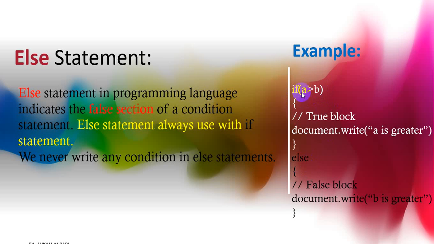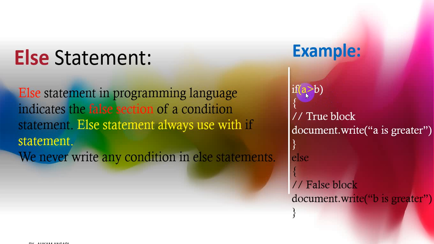I am going to check whether the value of a is greater than b. For example, put a equal to 10 and b equal to 20. Just consider the value of a is 10 and the value of b is 20. By evaluating this expression, you will come to know that a is 10 and b is 20. So 10 is greater than 20. Tell me, students, is the condition true or false?